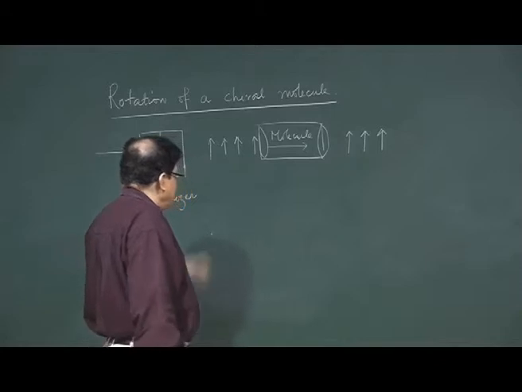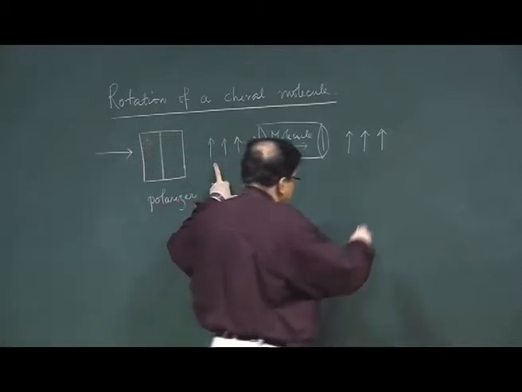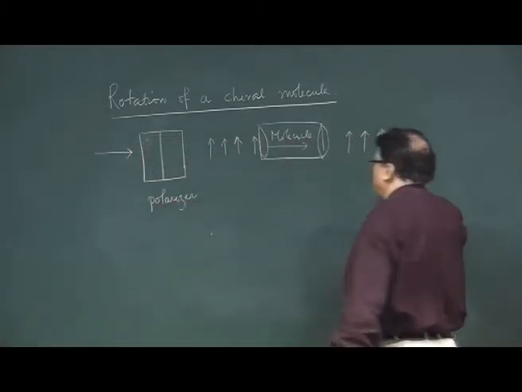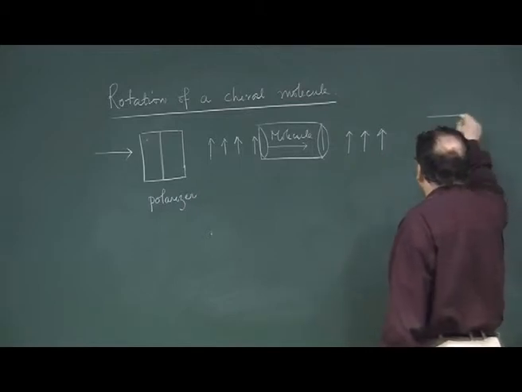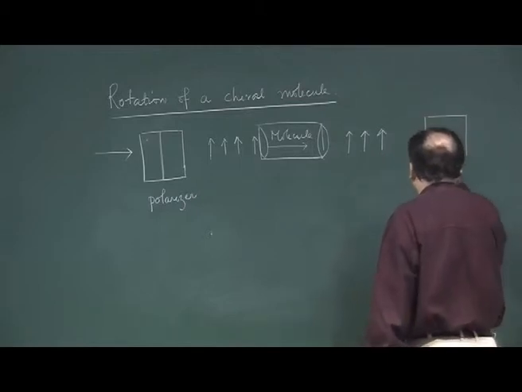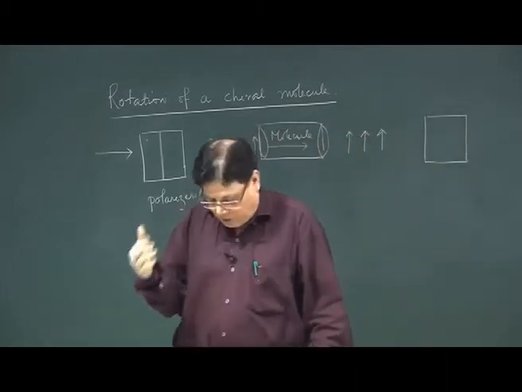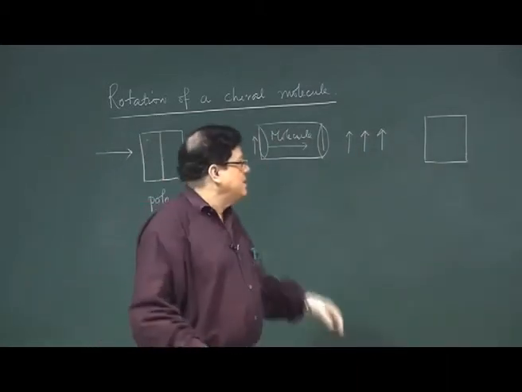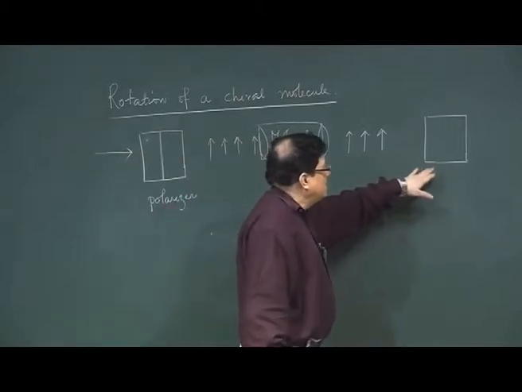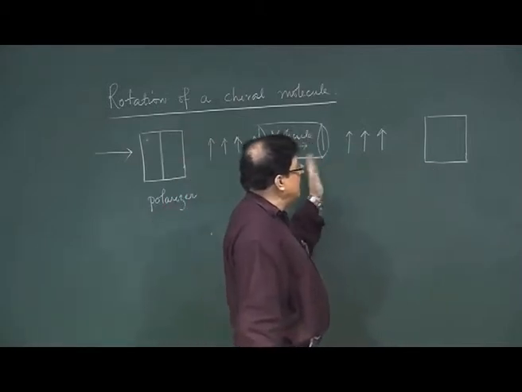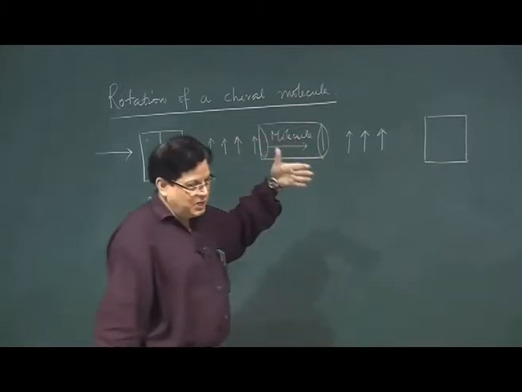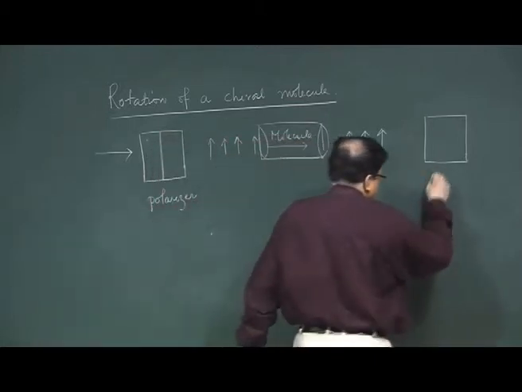Okay. Now, how do you know that the plane has not rotated? You place another sheet which also has the ability to produce polarized light, but this is used to analyze whether there is any rotation in the plane of polarization, so it is called an analyzer.